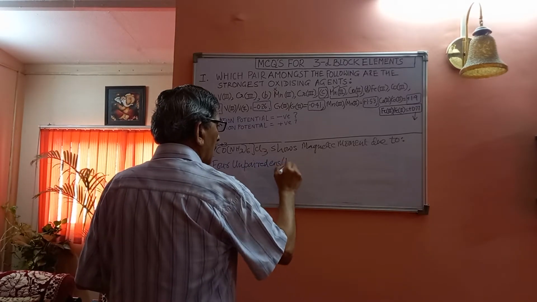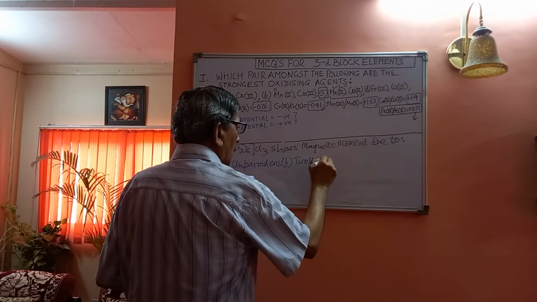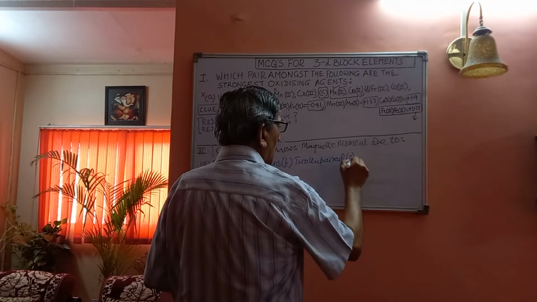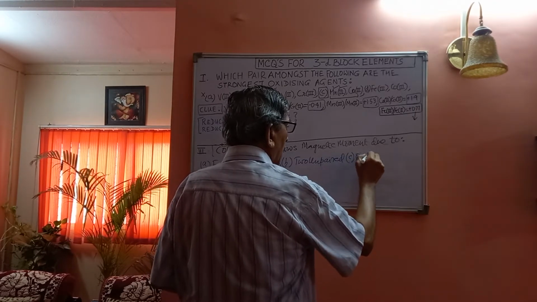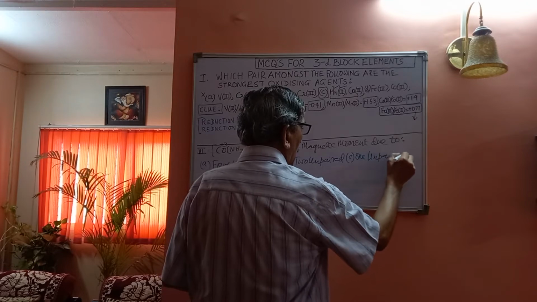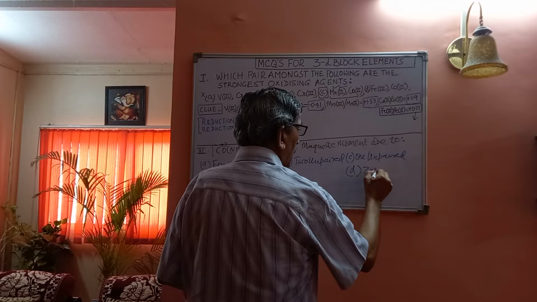B, 2 unpaired electrons. C, 1 unpaired. And D, 0 unpaired.